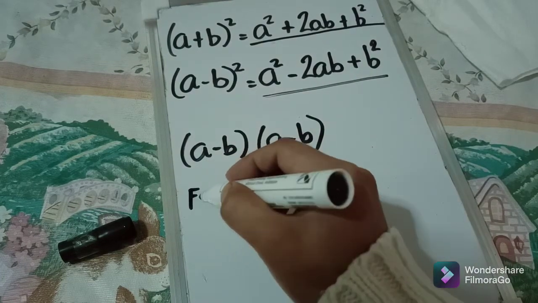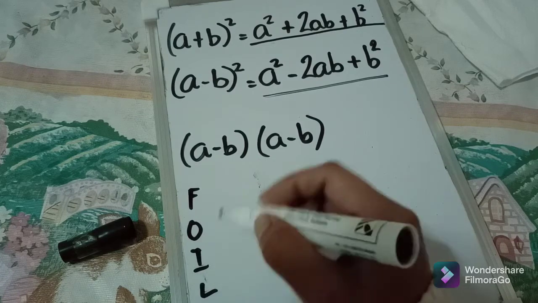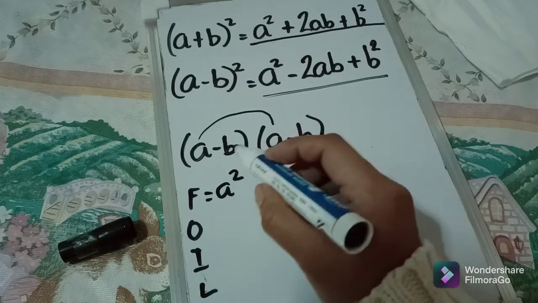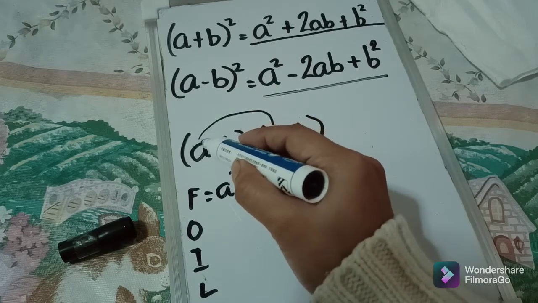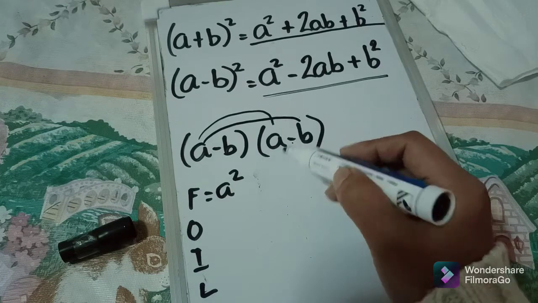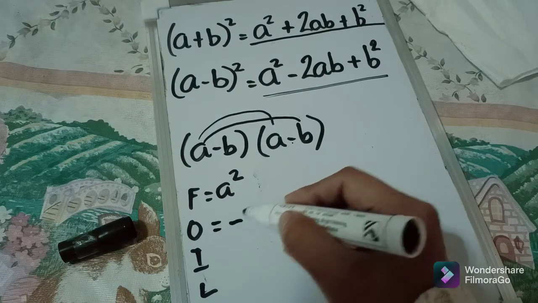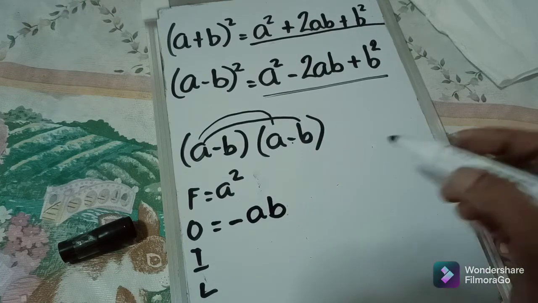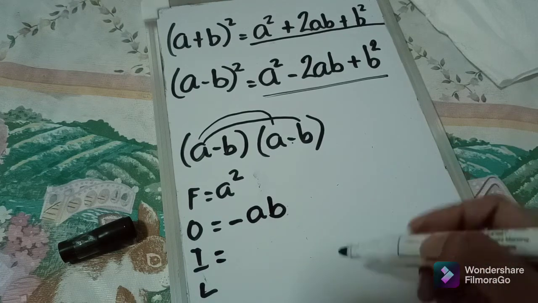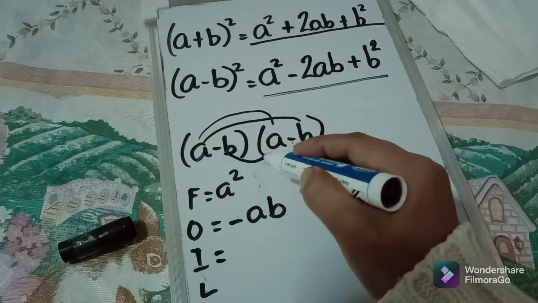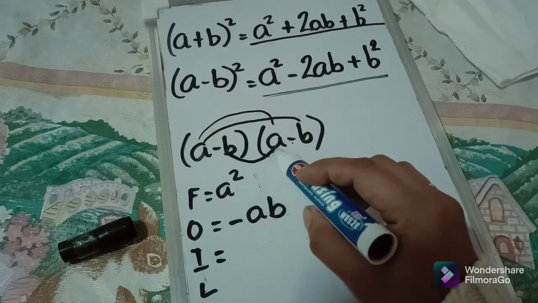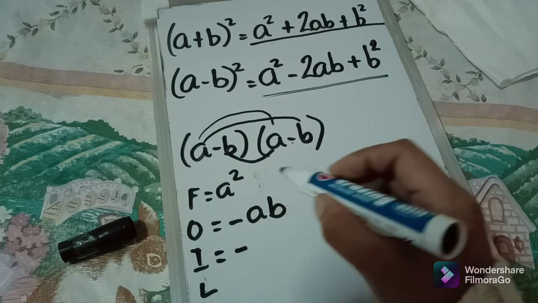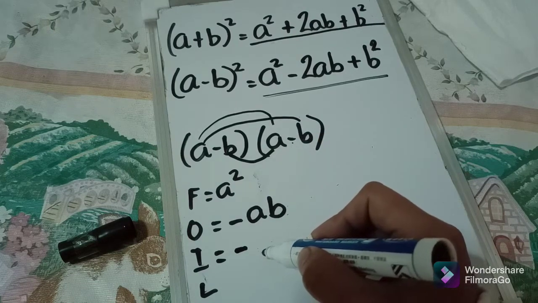So it's still FOIL. First terms: a times a is a squared. Outer: a times negative b is negative ab. Inner: negative b times positive a is negative ab.